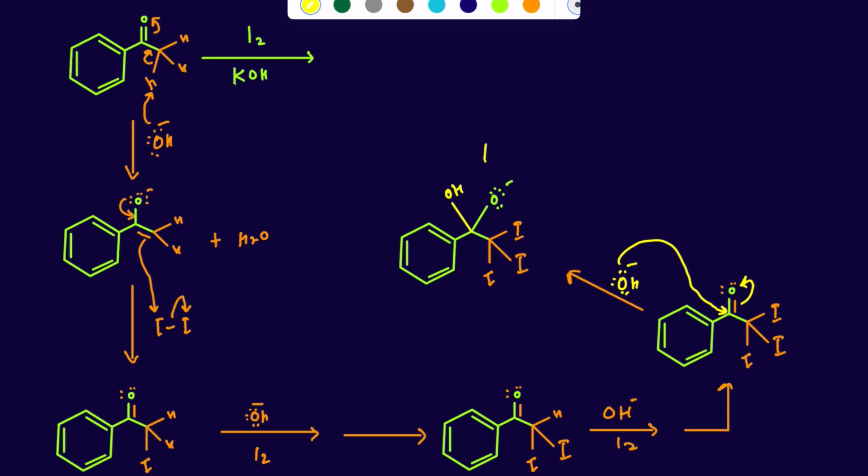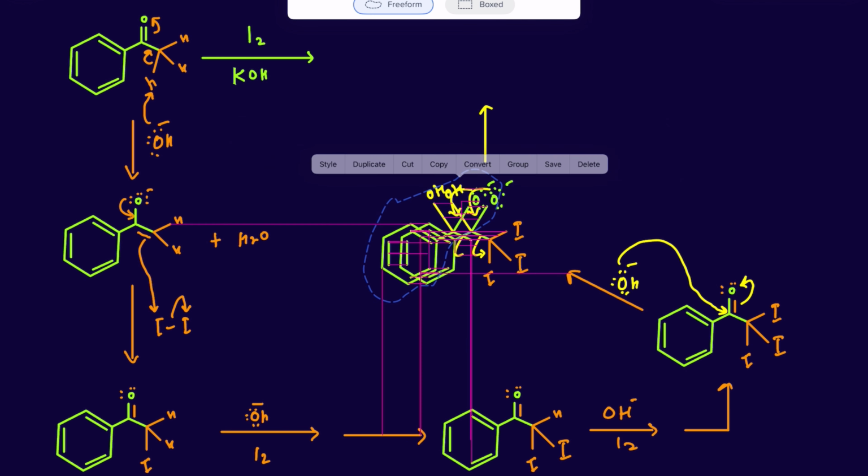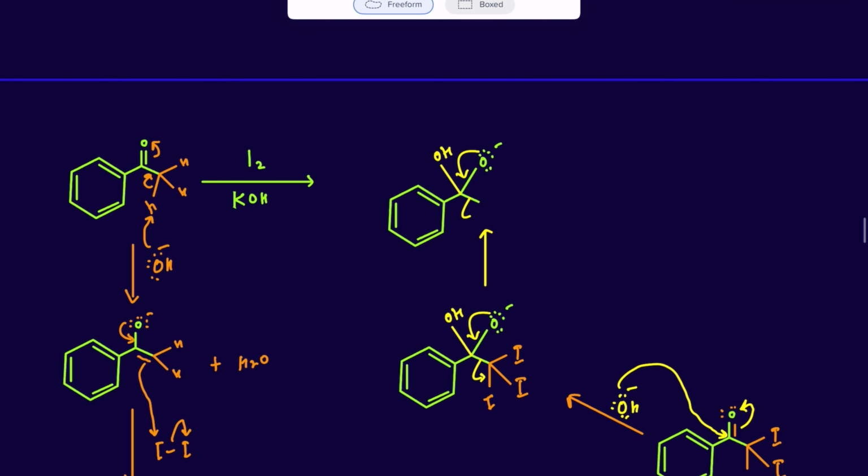Now, like I said, it's gotten a good leaving group, so I'm going to go ahead and reform that pi bond. So when I reform that pi bond, this is going to get kicked out because that's a good leaving group. So now I'm in the process of making a carboxylic acid here. So let me just redraw the whole thing here at this point.